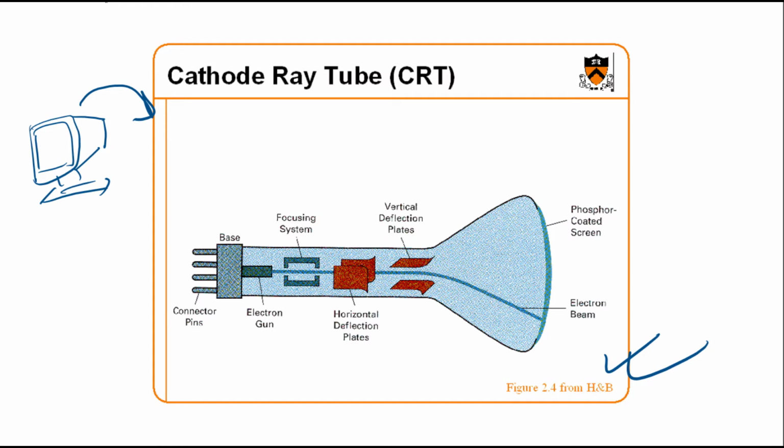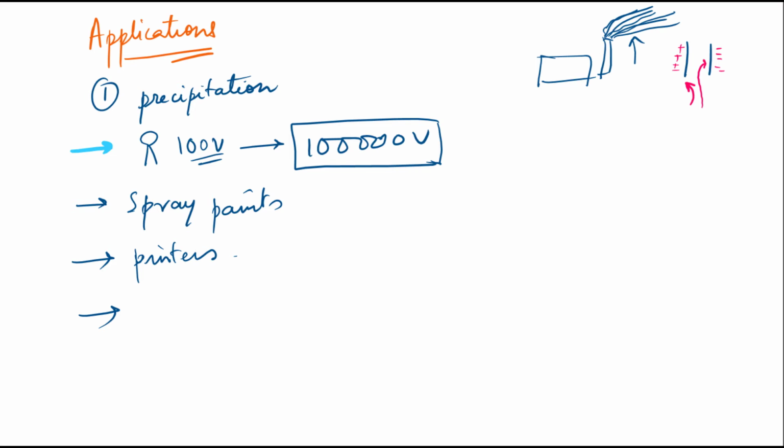So how this works is, they have charged plates, and an electron beam is pumped through here, and depending on the charge of the plate, the electron is deflected and we get the image.